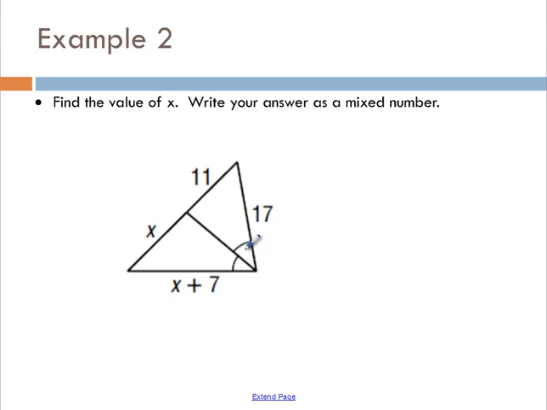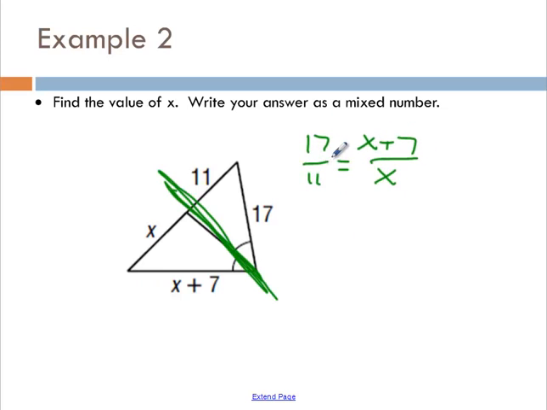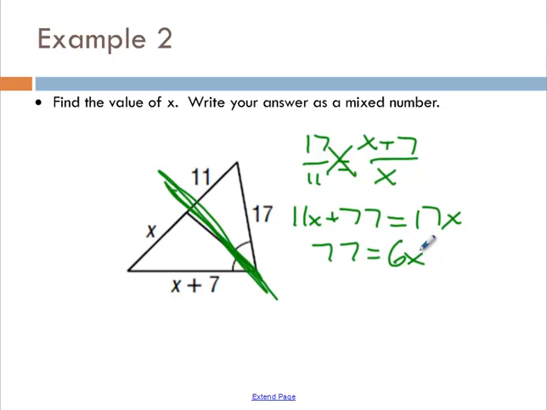Same type of example. I'm going to split this, and I'm going to use the top and the bottom as two separate fractions. So 17 over 11 and x plus 7 over x. When I cross multiply, I get 11x plus 77 equals 17x. 77 equals 6x.